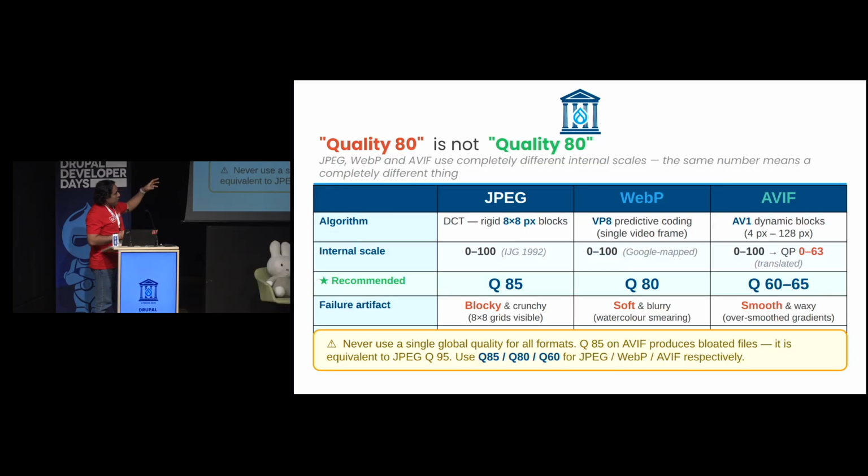If you compare image quality, an image generated at 60 to 65 in WebP is equal to roughly 80 in JPEG. That's the standard, but the problem is that PHP GD gives you a global setting. It doesn't let you configure quality settings by different types of images on your website.